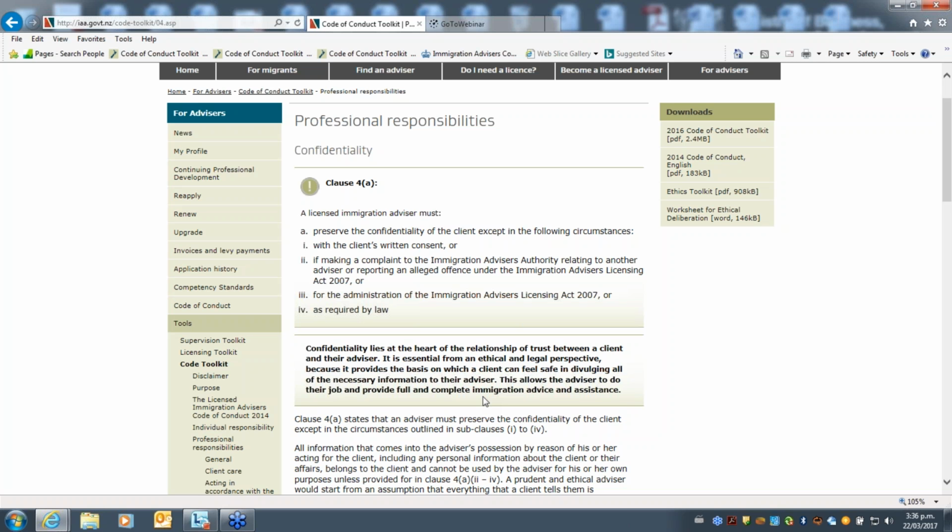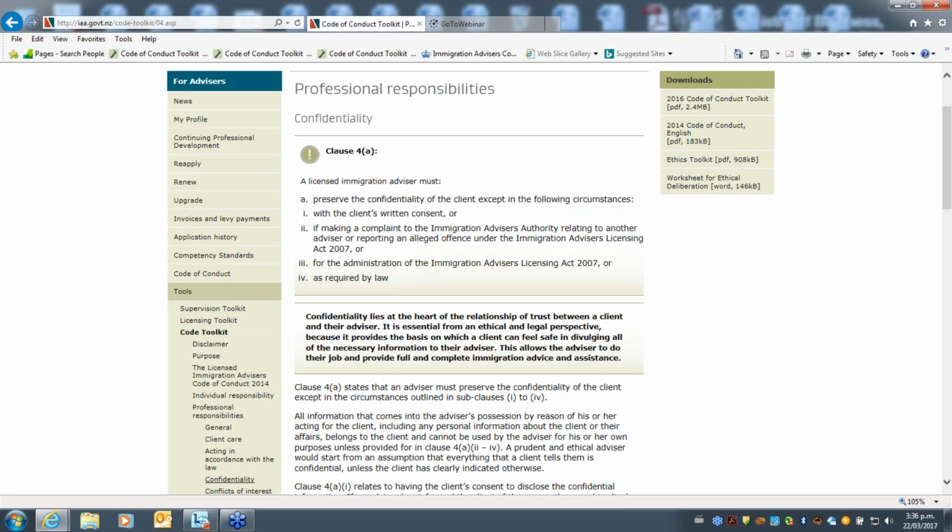And 2 and 3 are very similar: for the purpose of the administration of the Immigration Advisers Licensing Act, and if there was any other requirement for you by law to disclose that information.